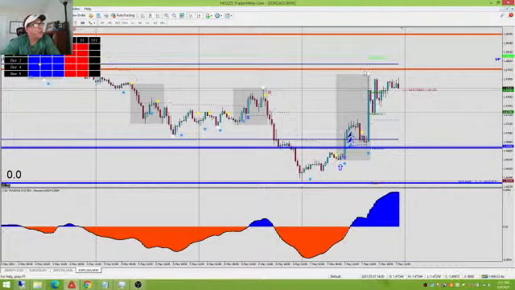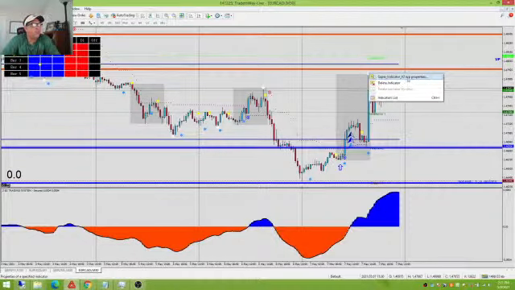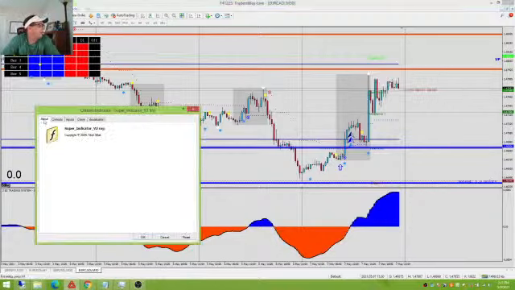Again, a lot of times these repaint, even though they're supposed to be NRP for non-repaint, but a lot of them aren't.